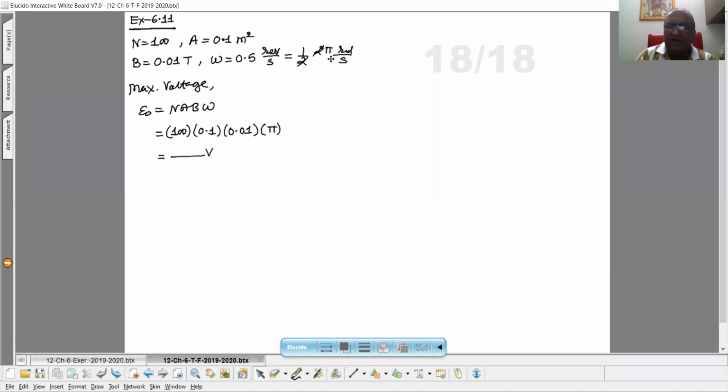So your omega turns to pi radian per second. Now maximum voltage obtained here, that is NAB omega. N 100, A 0.1, B 0.01, omega, that is pi. You will get the maximum voltage obtained here. Clear to all of you?